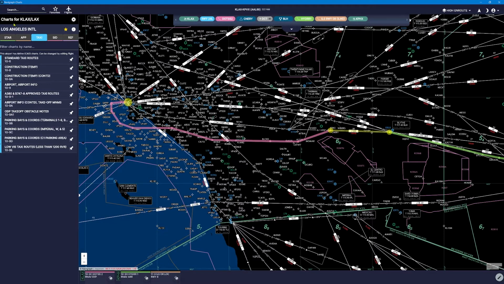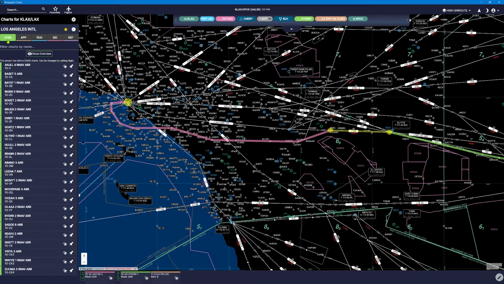Here we are. These are the Los Angeles charts and everything. You have STARs, which I think stands for standard arrival. And then these are SIDs, or standard instrument departure, I think. I don't know the acronym. I call them SID, STAR.